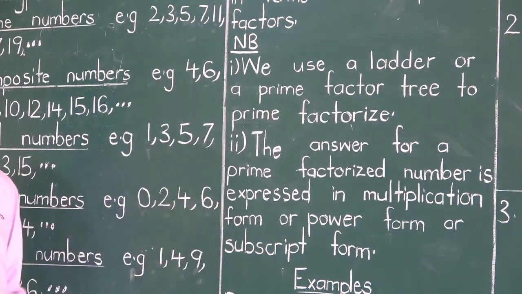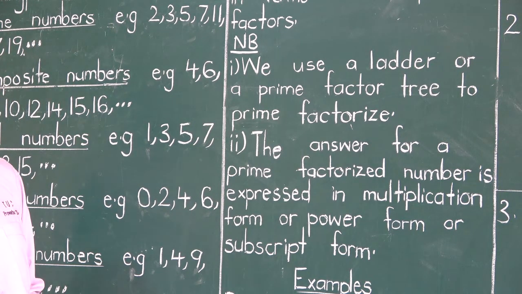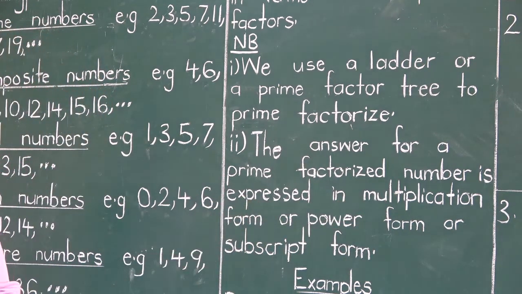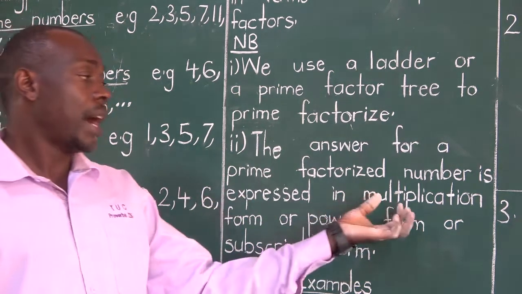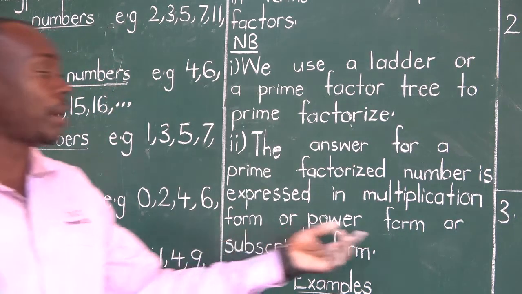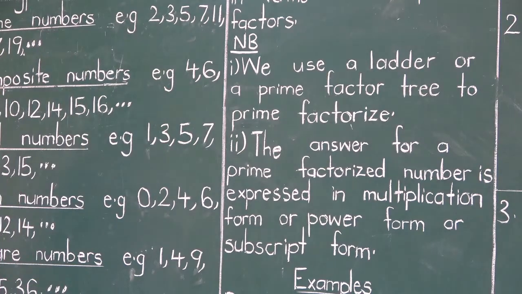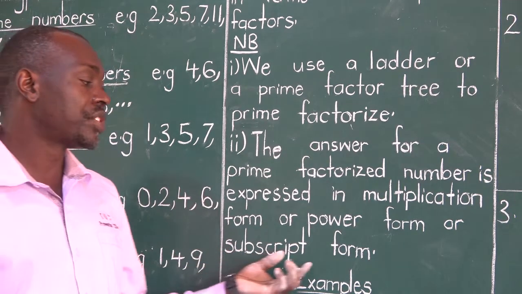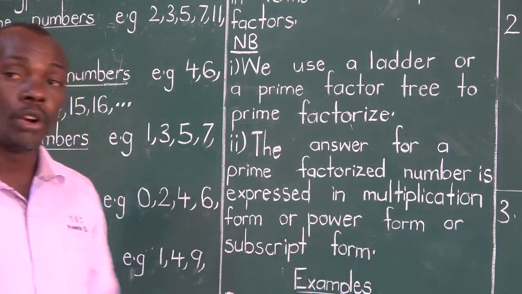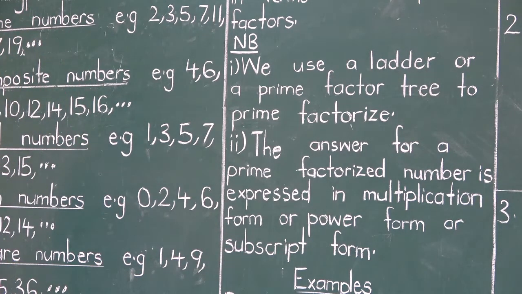And then 2, another thing you must note is the answer for a prime factorized number is expressed in 3 ways. 1, in multiplication form. 2, in power form. 3, in subscript form. All these are going to be looked at properly.